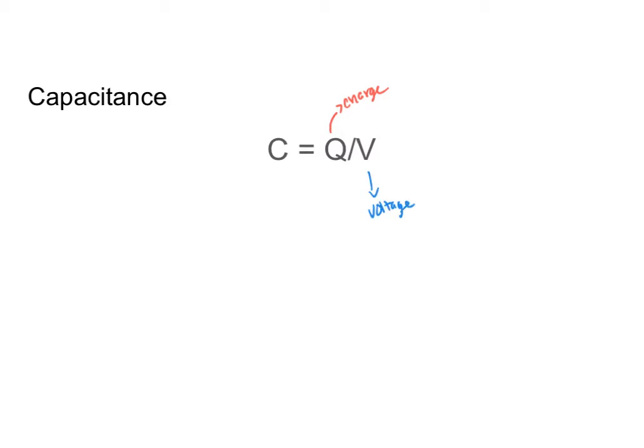So again, capacitance is going to equal charge over voltage, C equals Q over V, and we measure capacitance, as I mentioned earlier, in farads, capital F.